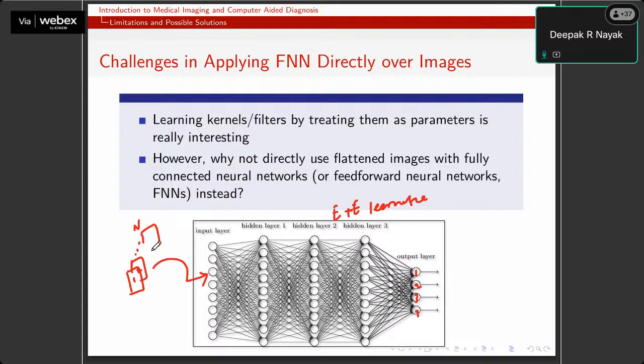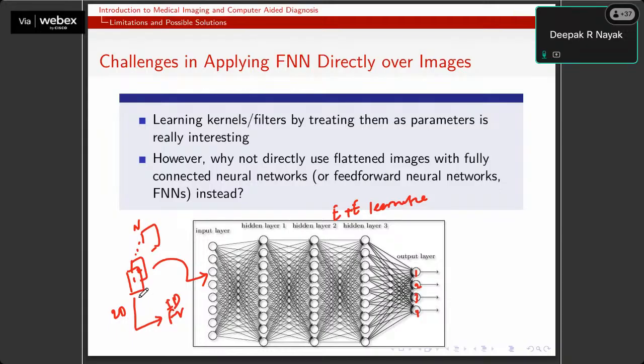The problem here is that the input layer takes one-dimensional data. So you need to first convert images, which are by default 2-dimensional or 3-dimensional in nature, into a one-dimensional feature vector.